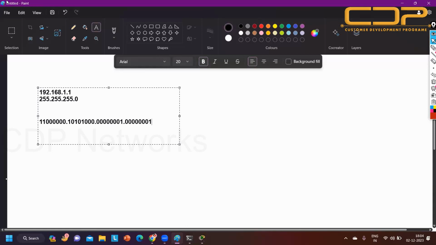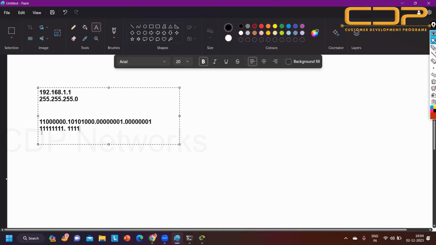Now I am going to convert my subnet mask into binary. This one is the subnet mask. If I convert 255 into binary, I will get all 1s, eight bits. This is the binary of my subnet mask.